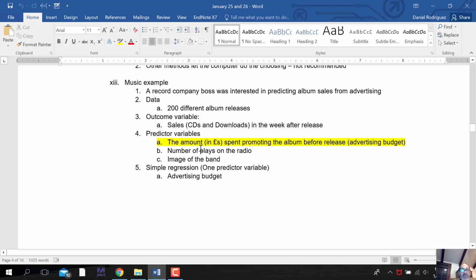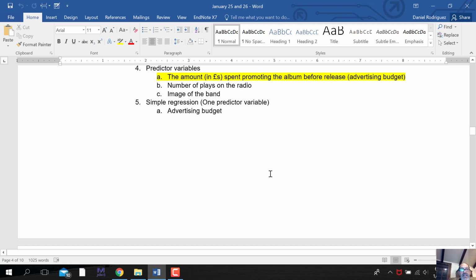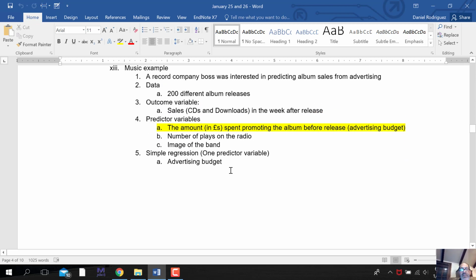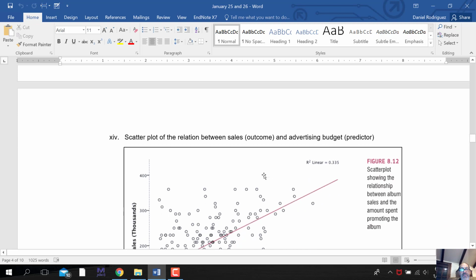And the predictor variables are, and this is a British textbook, the amount of pounds spent promoting the album before release, the advertising budget, the number of plays on the radio, and the image of the band. In simple regression, we're only looking at one predictor, so we'll start with the advertising budget as the single predictor variable.